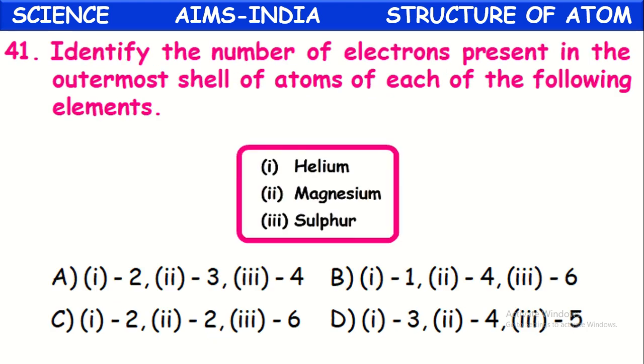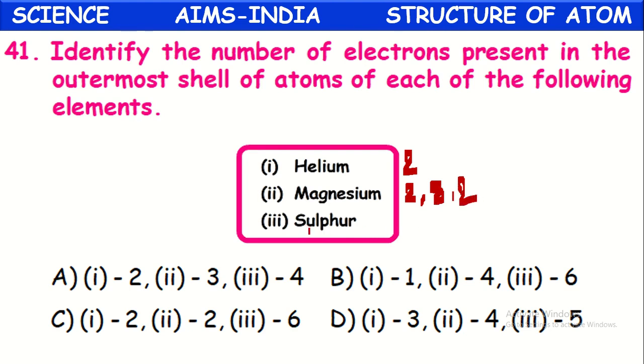Next. Identify the number of electrons present in the outermost shell of the atoms of each of the following. Helium atomic number is 2, so its configuration is 2. Magnesium atomic number 12, and its configuration is 2, 8, 2.